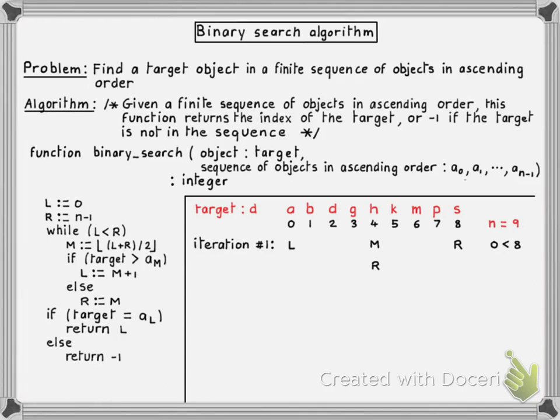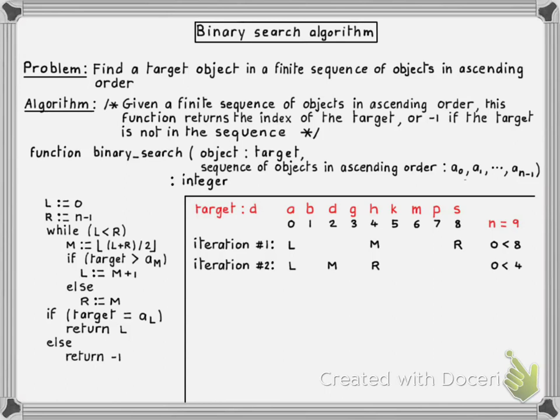So now we're back at the top of the loop and we're about to start iteration number 2. Notice that the value of L has not changed, so we compare L and R. Is 0 strictly less than 4? The answer is yes, so we start the second iteration. The first step is to compute the new value of M. 0 plus 4 divided by 2 is 2.